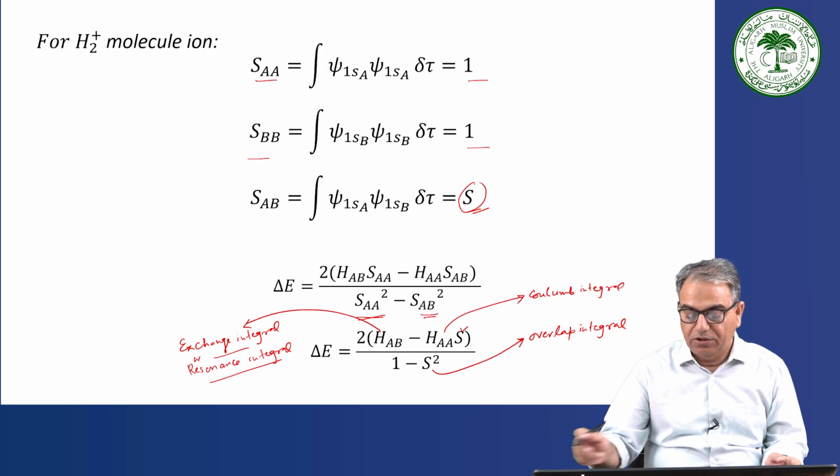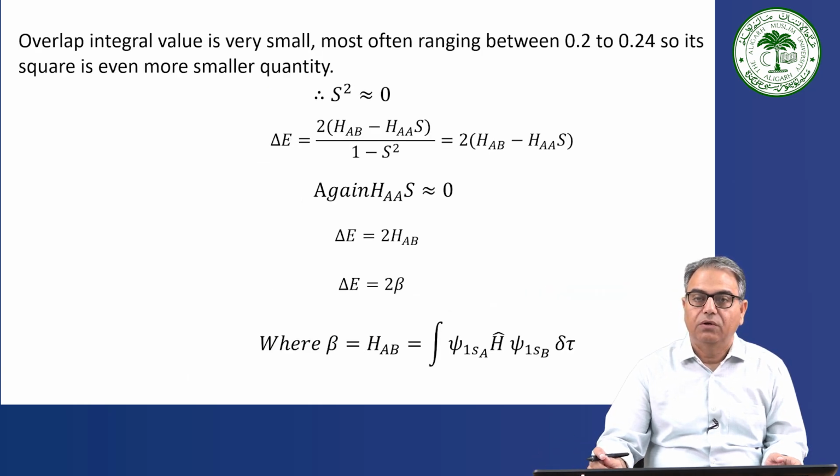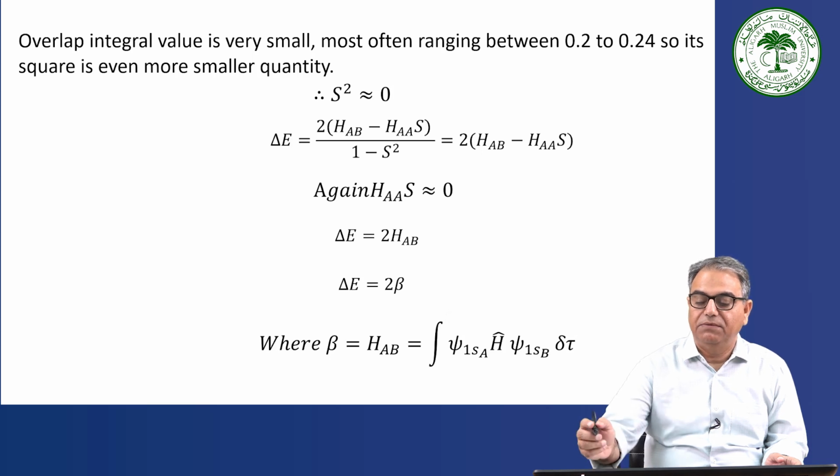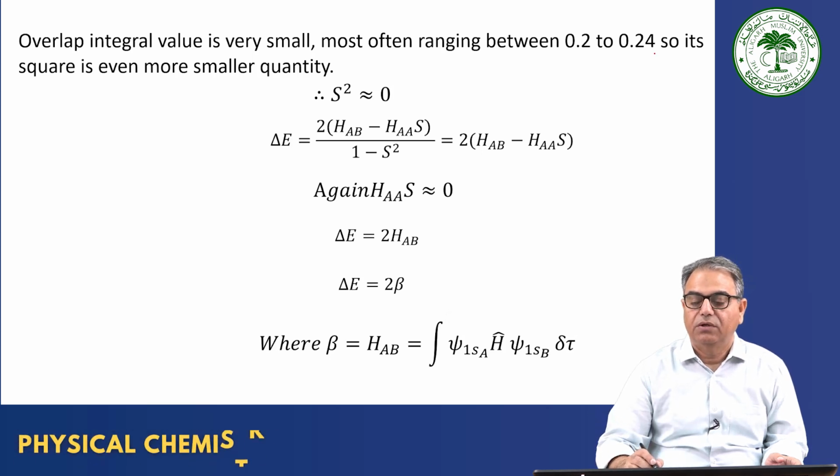Okay. So we say that this overlap integral value is very low. It's between 0.2 and 0.24. So if the overlap integral itself is 0.2 to 0.24, then S square will be even lower. So now we assume that S square becomes equal to 0, almost approximately 0.